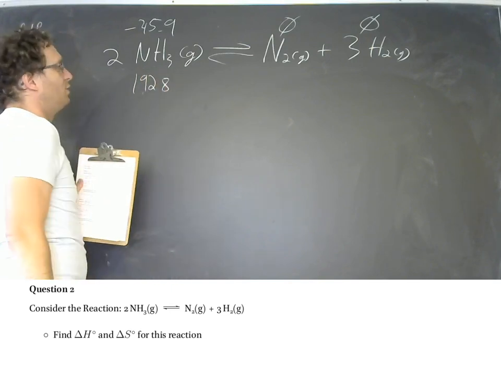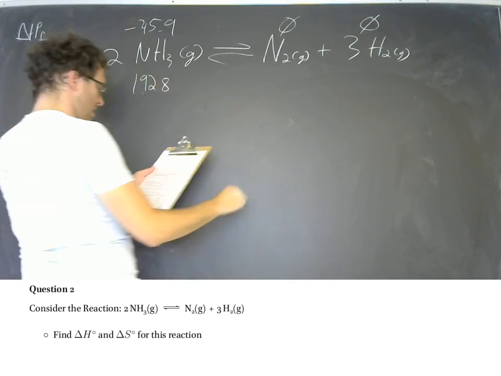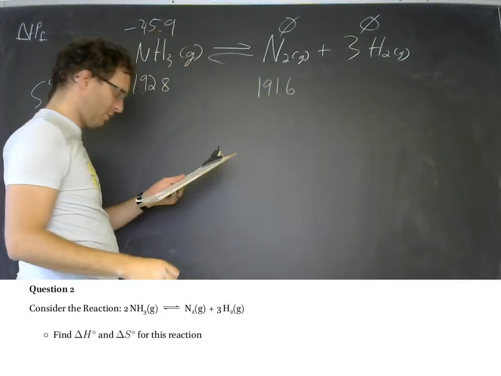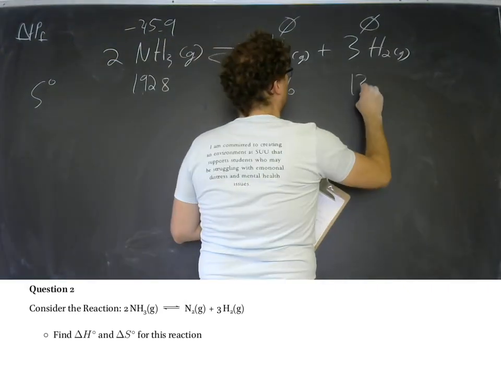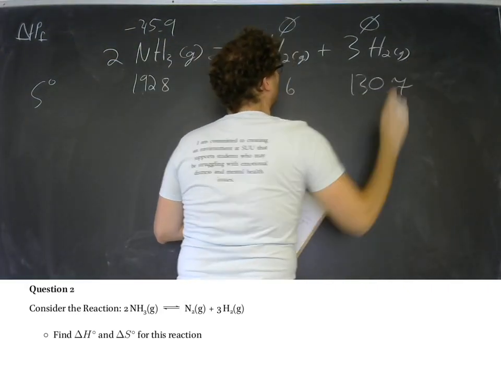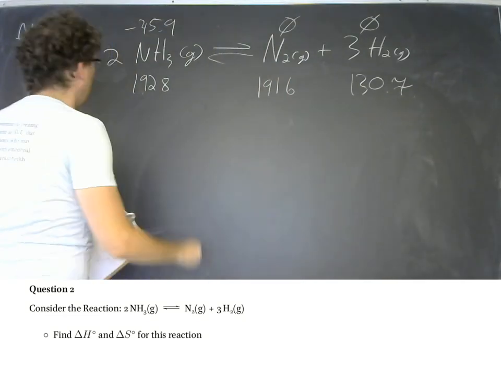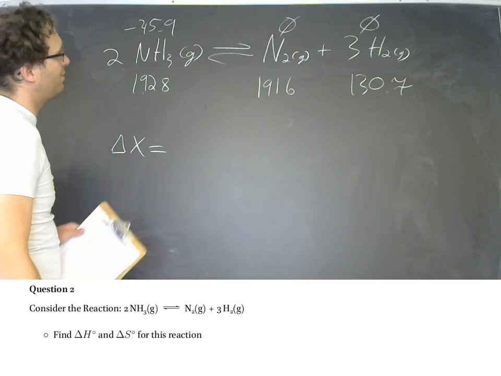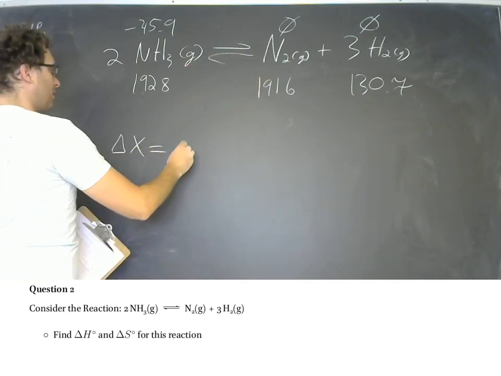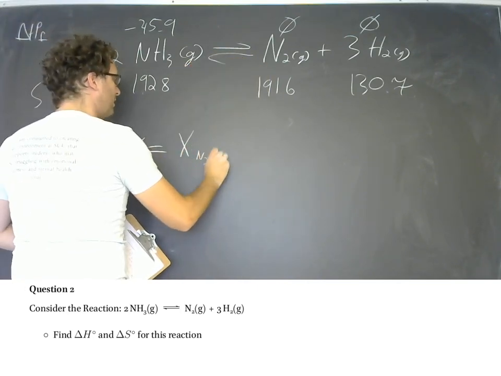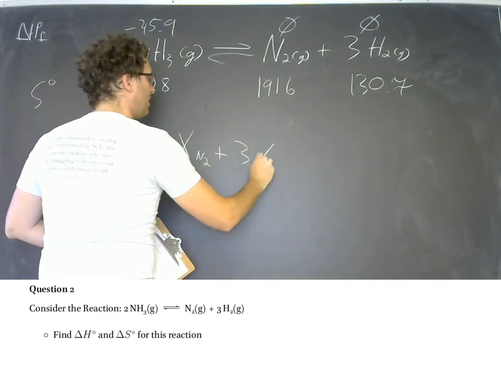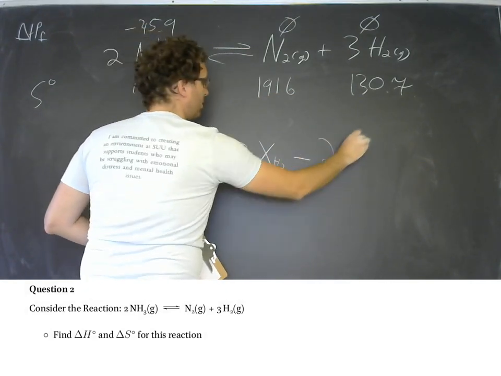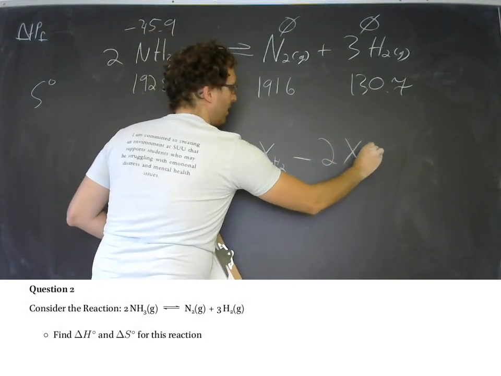And then here we have 192.8 joules per mole Kelvin, 191.6 joules per mole Kelvin, and 130.7 joules per mole Kelvin. And so for X, in this case, we do have some coefficients. So we would take X of nitrogen plus 3 times X of hydrogen minus 2 times X of ammonia.